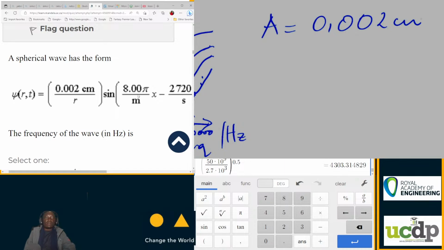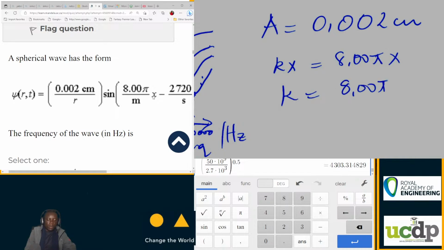Then this part in meters connecting with x is kx. So kx is equal to 8 pi x. That means k is 8 pi. And remember, k is 2 pi over lambda, and this is what is equating to 8 pi.